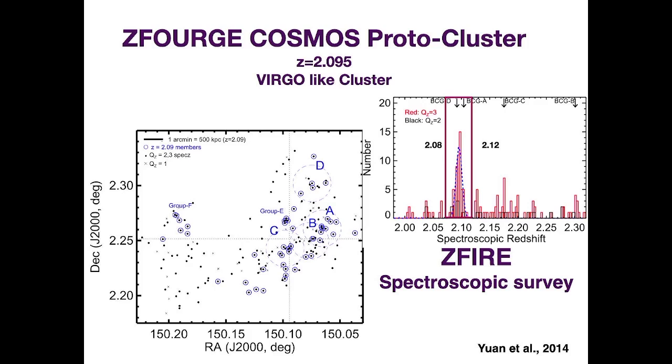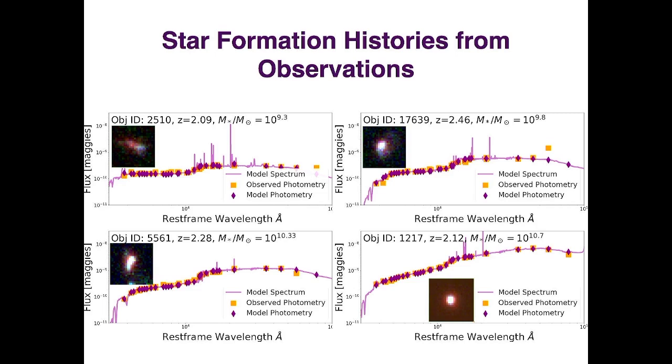For this work, we only take galaxies that are spectroscopically confirmed. Because this is in COSMOS, we have 37 bands across a large wavelength coverage, and we can use that to construct the star formation histories of these galaxies, for which I use the code called Prospector.